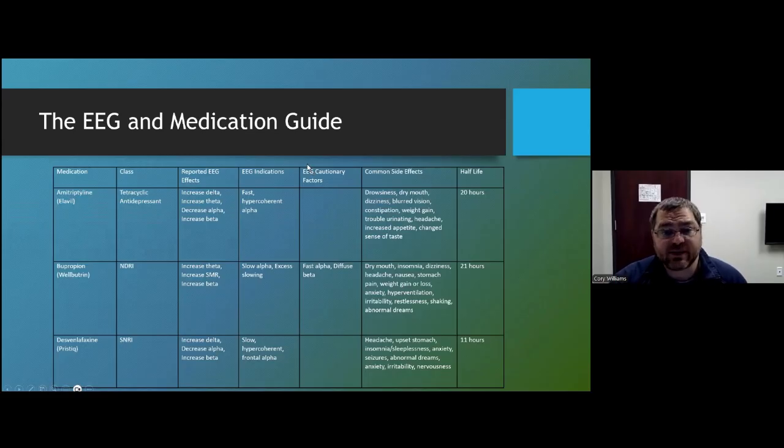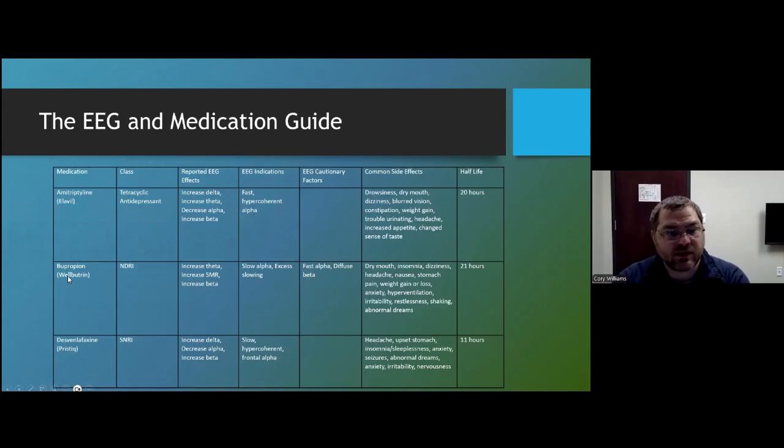We also have some EEG cautionary factors listed. Now you'll notice for some of these, the box is blank. That doesn't mean there are none. It means we don't have that research filled in yet. And maybe someday we will, and maybe someday we won't. But for some of these, you will see that there is something here in the box for the EEG cautionary factors.